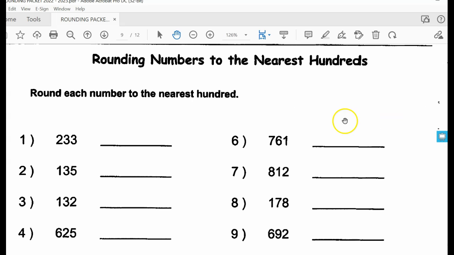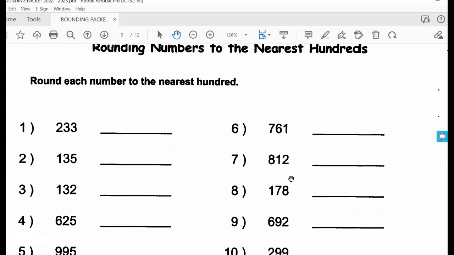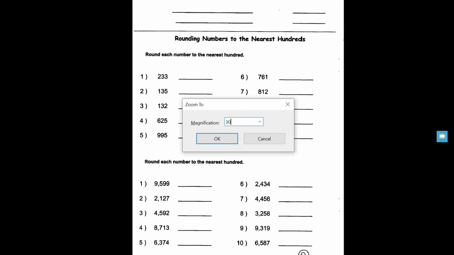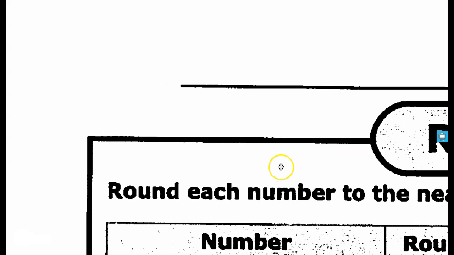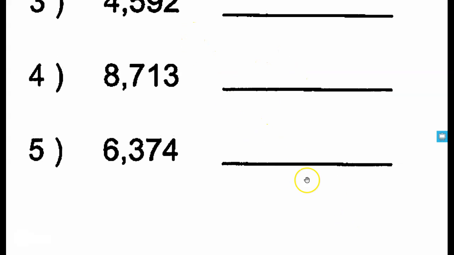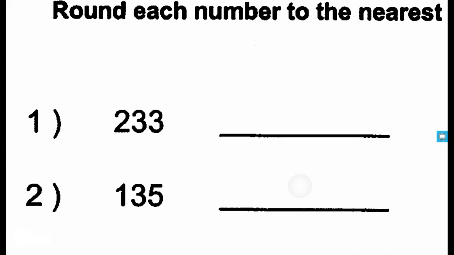This is page 8. Yeah, go to page 8. Okay, so here's page 8.